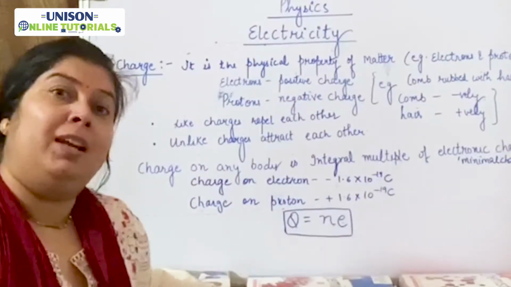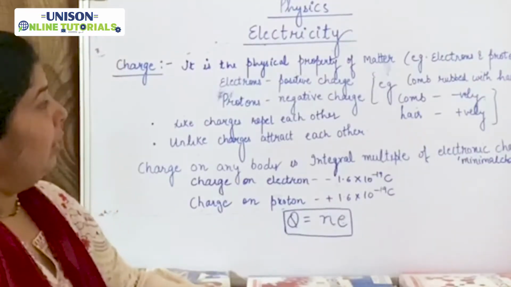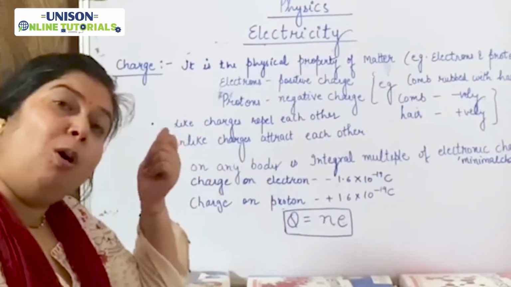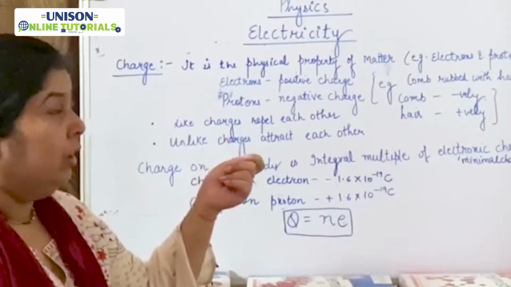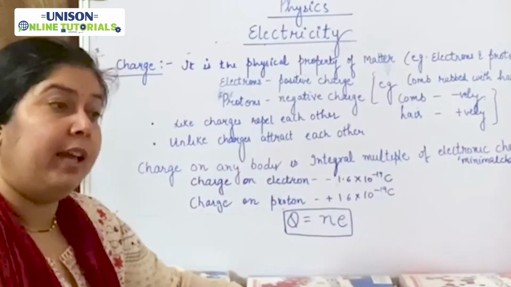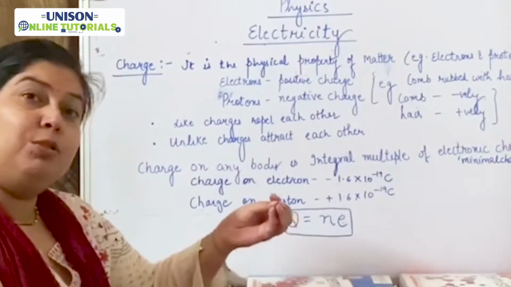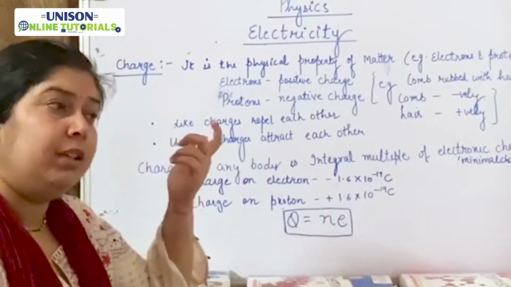Let us recall one activity that you have done in your childhood. You used to rub that comb or scale with the hair and then you brought that comb or scale towards the little pieces of paper. क्या experience किया था आपने कि वो जो छोटे छोटे pieces of paper थे वो attract हो गए थे towards the comb? ऐसा क्यों हुआ?